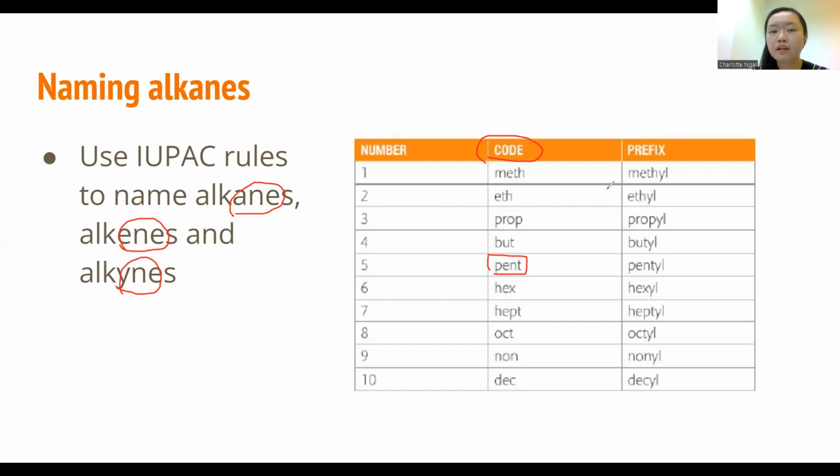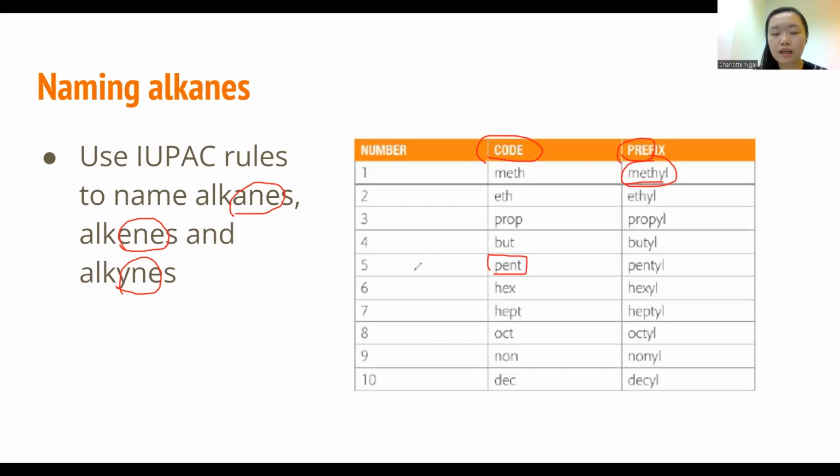If there's a substituent group, we need to number its position, and we also need to use the prefix for the substituent group. For example, if there is a CH3 group, then we need to write methyl. So let's do this example together.